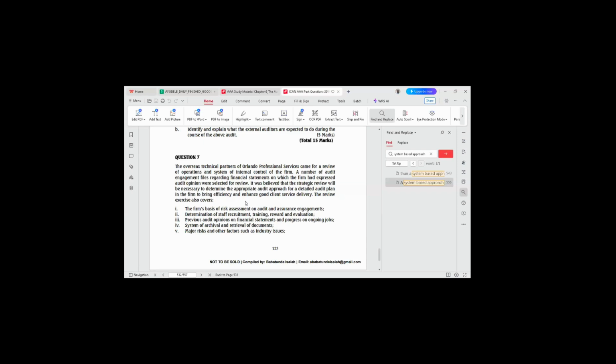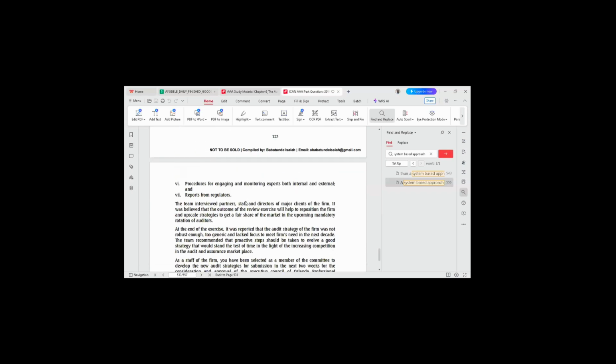System of archival and retrieval of documents. 5. Major and other factors such as industry issues. Next, external. 7. Reports from regulators.